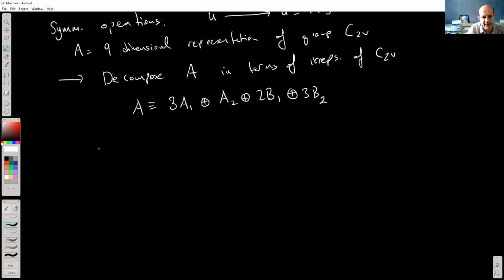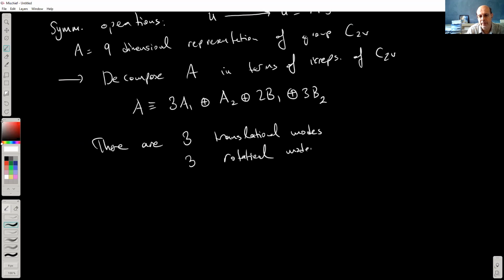There are 3 translation modes and 3 rotational modes with 0 frequency.